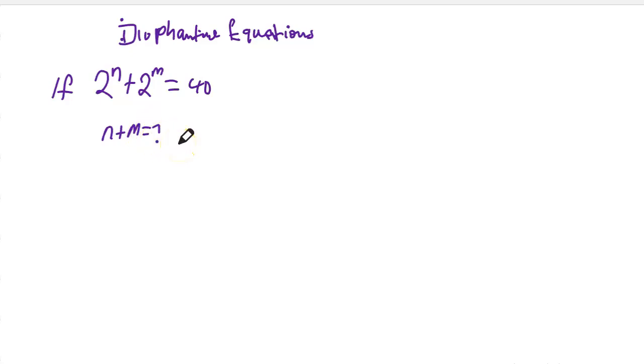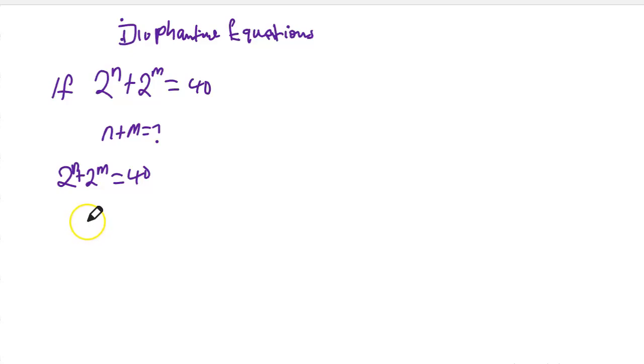So what is n plus m? Diophantine equations, and I have said that only integer solutions are sought. So this is the way to handle this. We have 2 to the power n plus 2 to the power m, and we are told that this is equal to 40, right? So what does that mean?